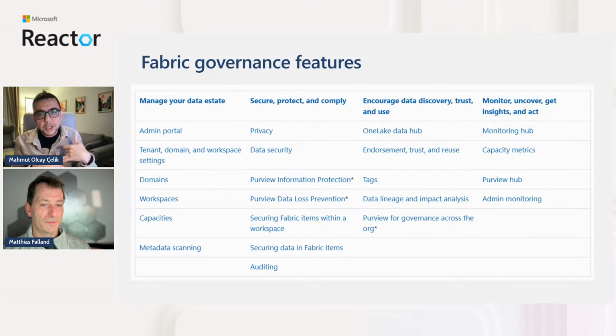First of all, managing your data estate, securing and protecting data, and encouraging data discovery and monitoring insights. In the first pillar, managing your data estate ensures that admins have centralized control over settings, capacities, domains, and workspaces, making data governance more structured.